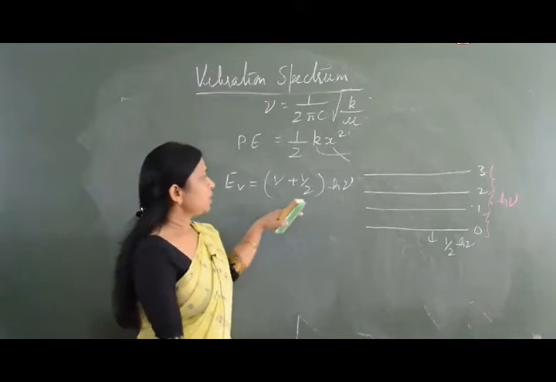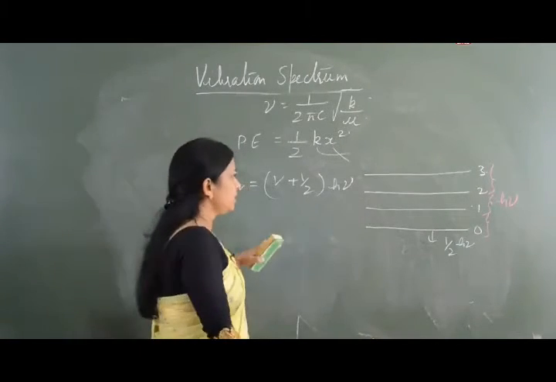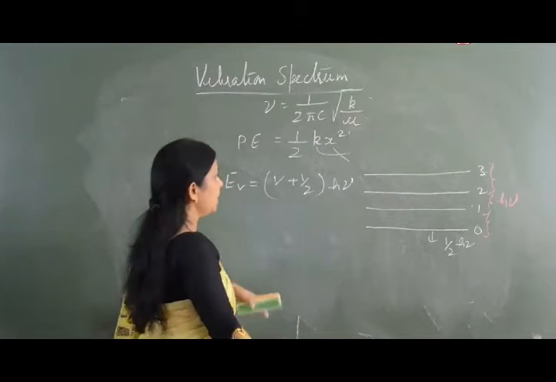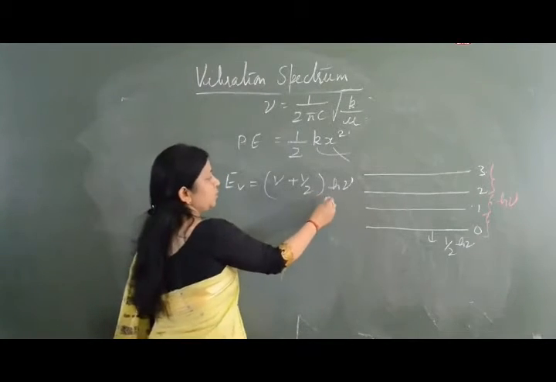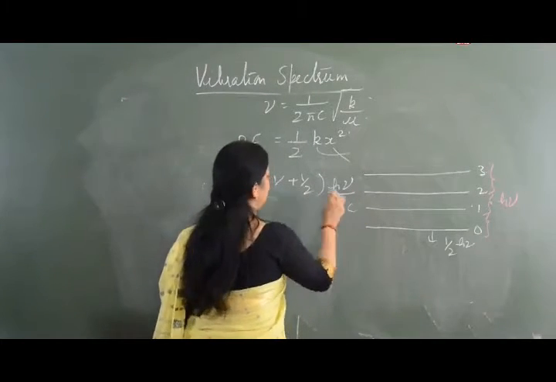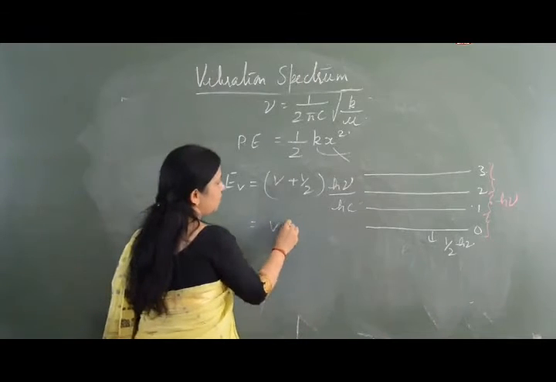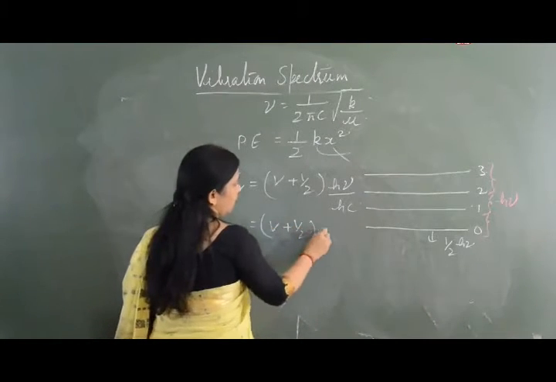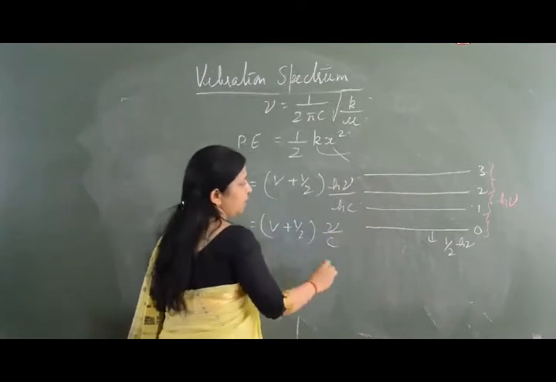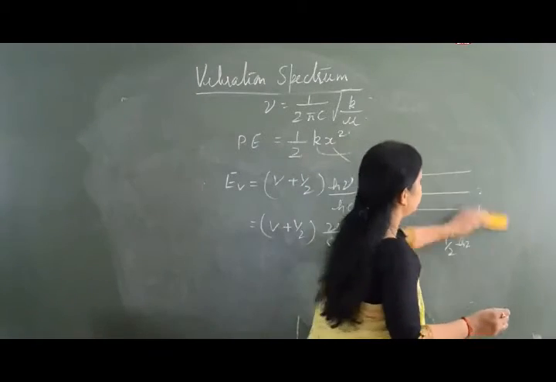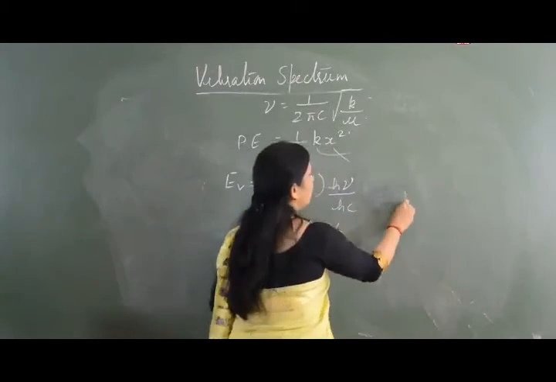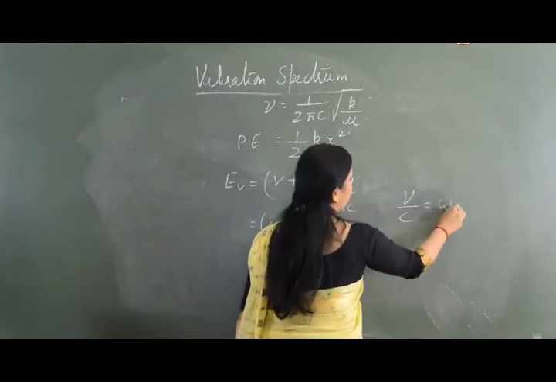Now, if I express this energy again in terms of centimeter inverse, then I divide this equation by hc. So the equation becomes (v plus half) nu over c. This nu over c is omega naught.